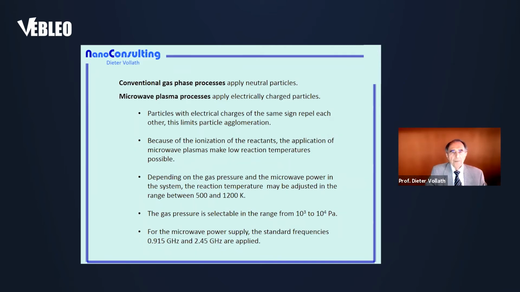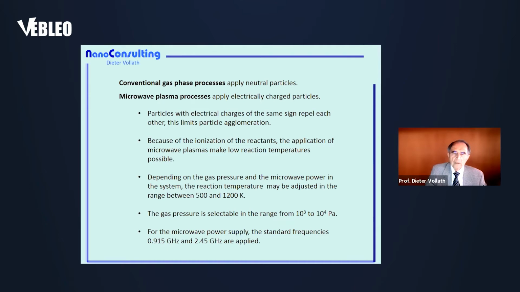In a microwave plasma process, we apply electrically charged particles. And it's very important to realize that the electrical charges of the particles all have the same sign. Therefore, the particles are repelling each other. This limits particle agglomeration.